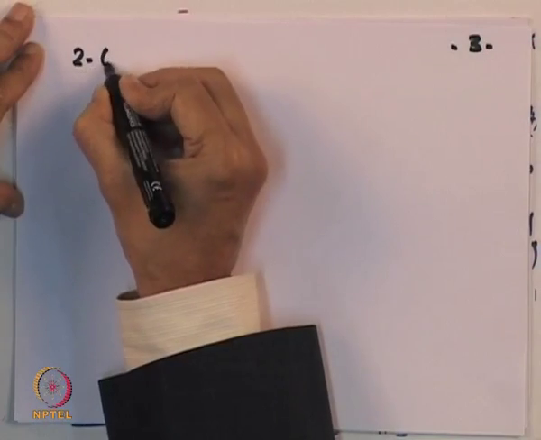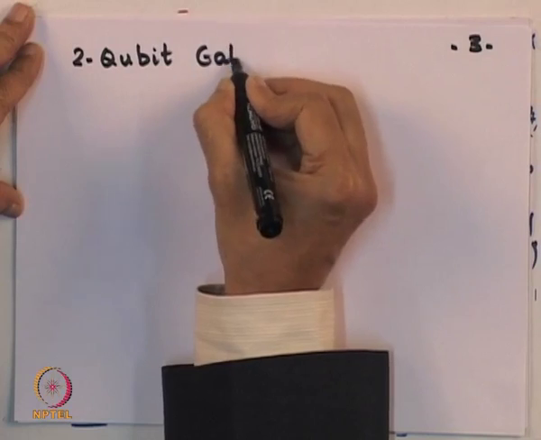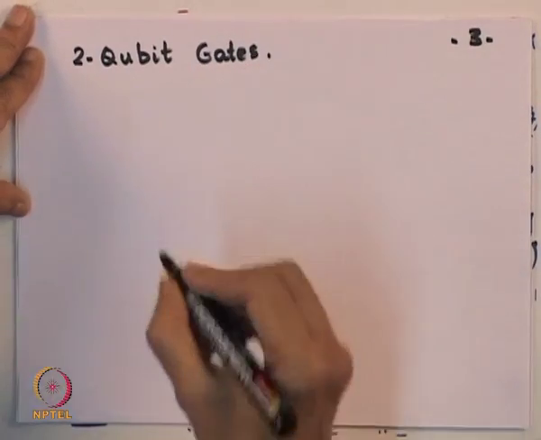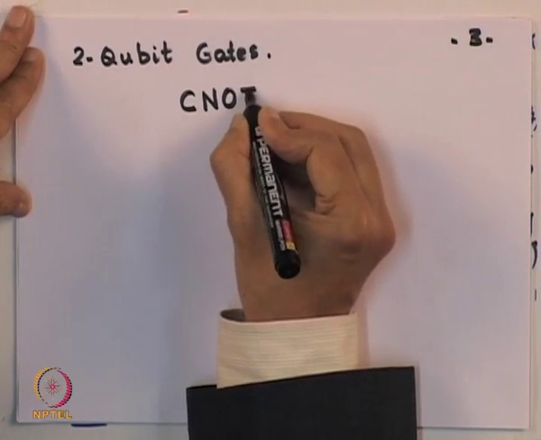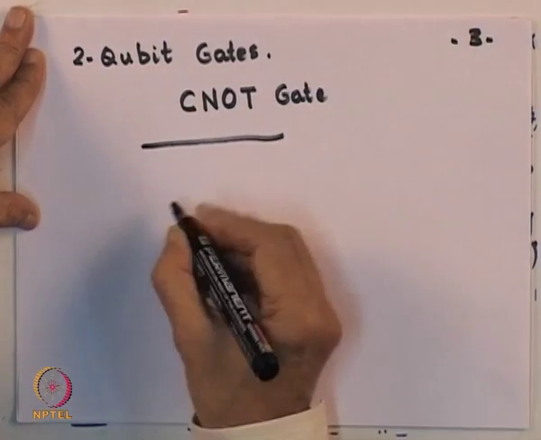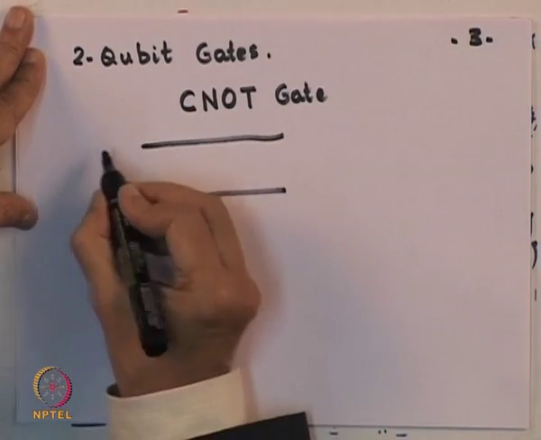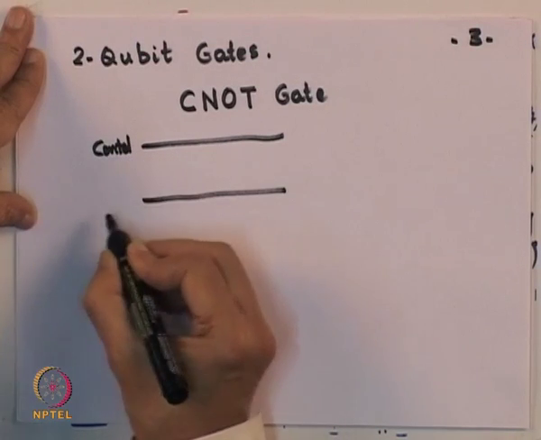So talking about 2 qubit gates, the most significant of them is what we call the controlled NOT gate or CNOT gate. If you recall what a CNOT gate is, a CNOT gate basically has a control and a target.